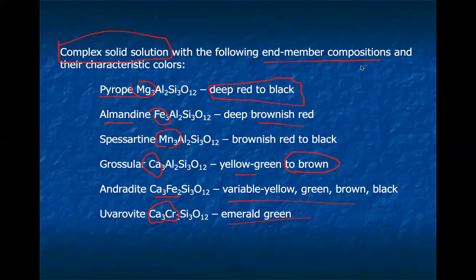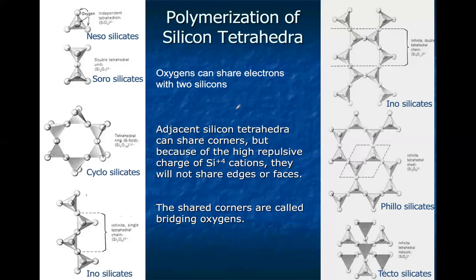So, back to the silicon tetrahedra or the polymerization. We covered nesosilicates so far, and next is sorosilicates. In the sorosilicates, we have double tetrahedra, which are connected with a bridging oxygen. Bridging oxygens share electrons.